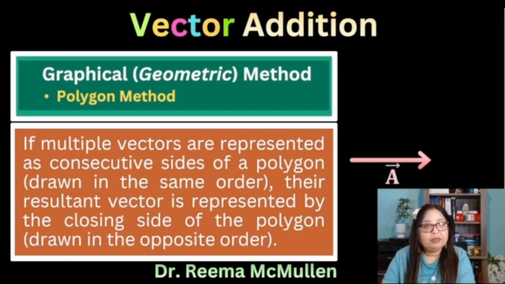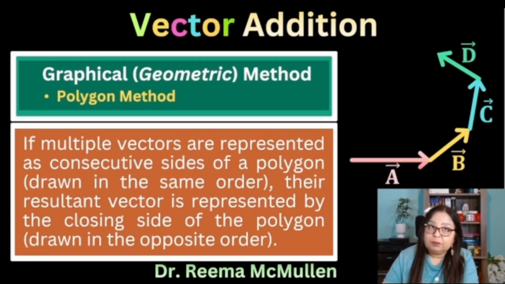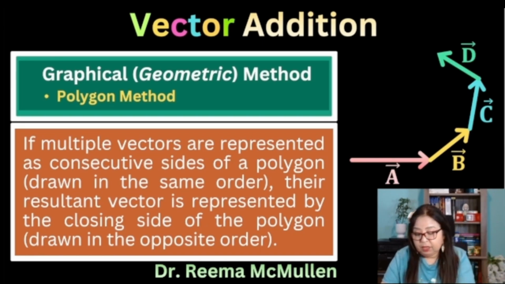So here we go. Vector A. Add to it vector B, head to tail. To that, add a third vector C. Again, tail of C is at the head of vector B. Then vector D. Tail of vector D is at the head of vector C. We want to add these 4 vectors.